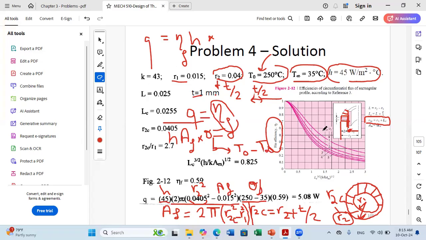To get NF, we need to use the graph. And for this graph, what are the inputs required? As you can see here, at the horizontal axis, you need to calculate the following parameter. It's L characteristic. And what is L characteristic here? L corrected, sorry. L corrected is equal to the actual length L. The actual length L is the difference between R2 and R1, so L here is R2 minus R1.